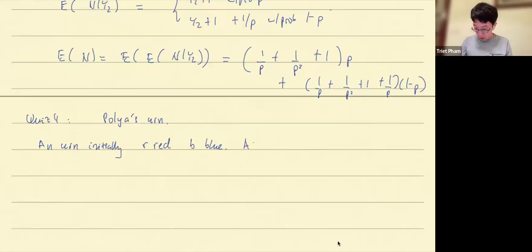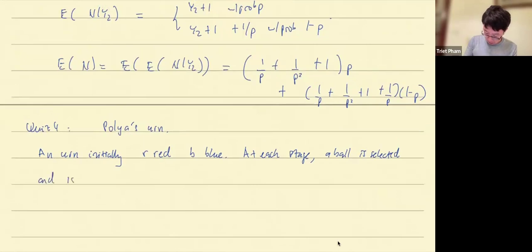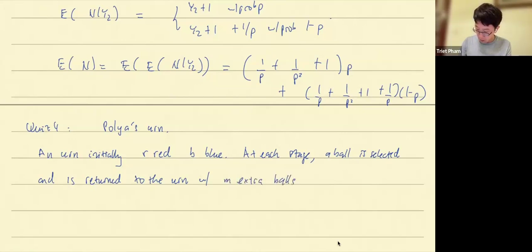At each stage, meaning there are multiple stages here, a ball is randomly selected and then is returned to the urn with M extra balls of the same color.